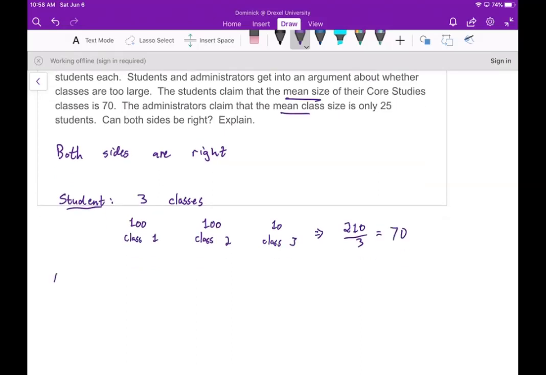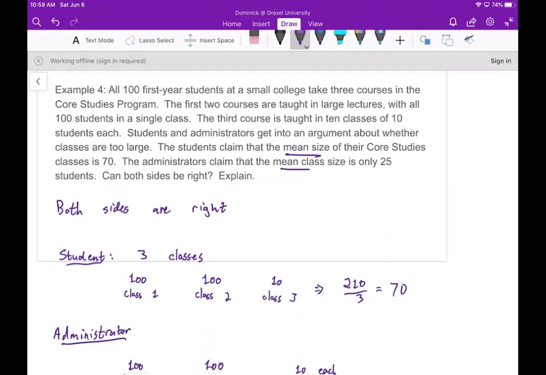Now, if you're an administrator, you don't see it this way. Because, yeah, class 1 and class 2 have all 100 students in a class, but there are 10 class 3s with 10 each. Right?